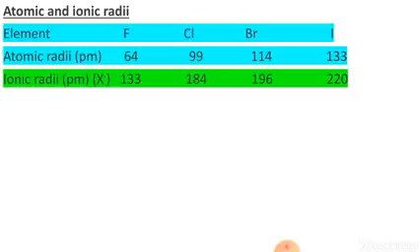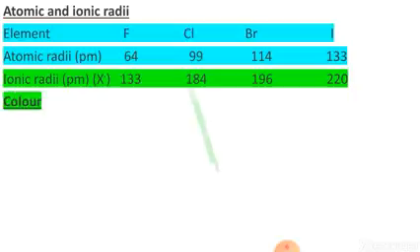The ionic radii also increase down the group: 133, 184, 196 and then 220 pm. So this is all about the ionic and atomic radii of halogens. Again, from left to right the nuclear charge increases, that's why the size of halogens is lowest in their respective periods.